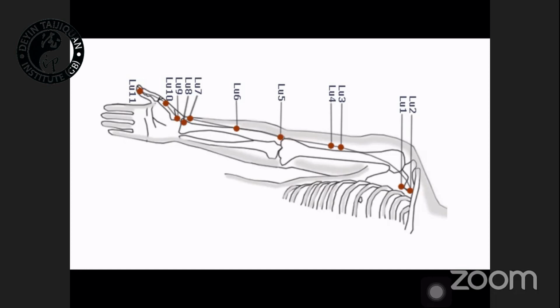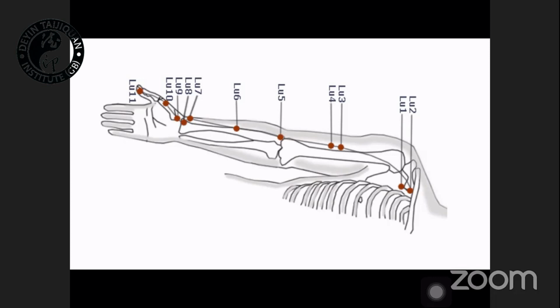Today, pay a bit of attention to the location of 1 and 2, 5 and 6, 10 and 11. Those are the few points I'm going to touch on today, and then show you how you can manipulate or massage them to strengthen the lung.